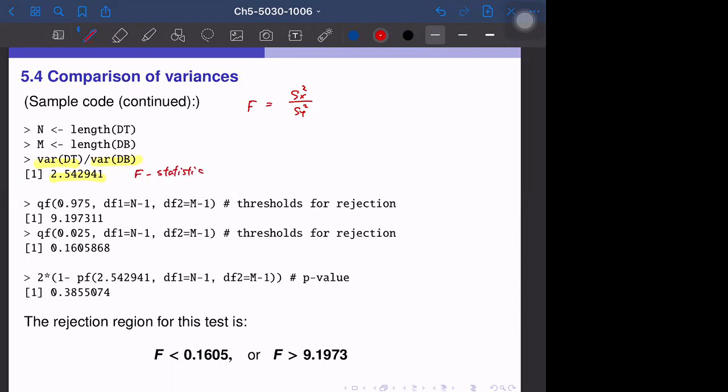And if you want to see the rejection region at the 5% level, if the significance level is 5%, then we take 2.5% each for the upper quantile and lower quantile. So that means the rejection region is, if we have an F distribution like this, this point is 9.19.